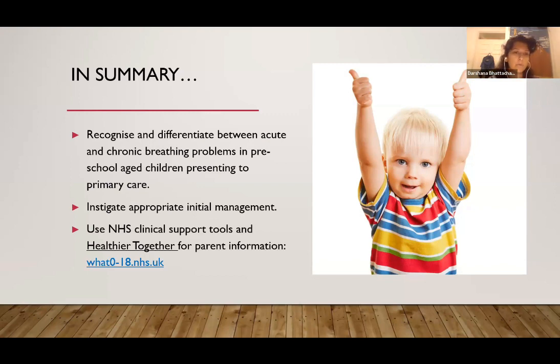And the website for this is what0to18.nhs.uk. It's a beautiful website. It's really helpful, and you can send parent information right to their phones. And hopefully I've given you some tips on when to refer to secondary care. Like I said, contact your local paediatric team if in doubt. And I hope this is helpful. Thank you very much.